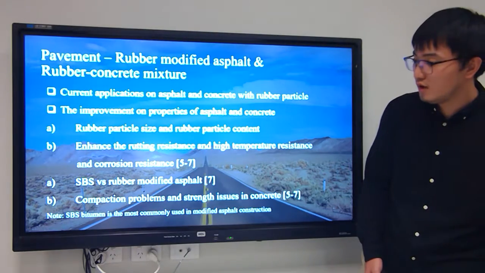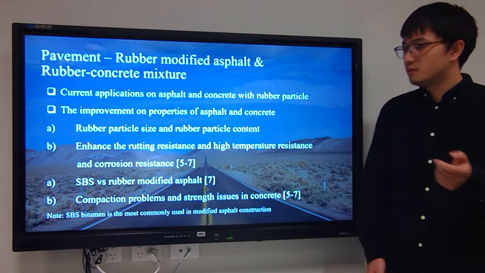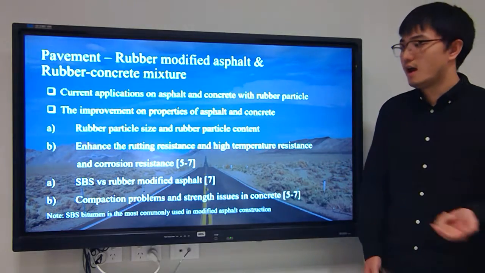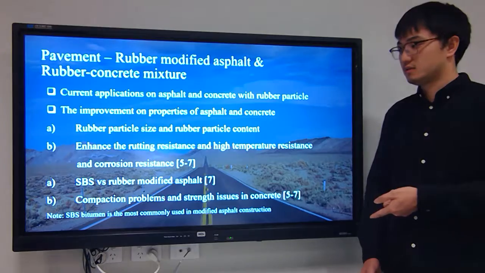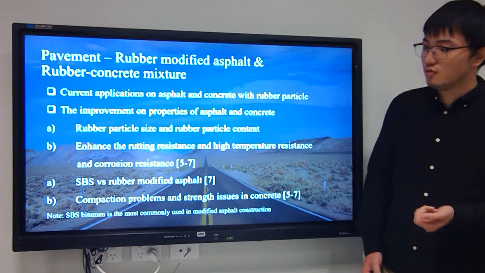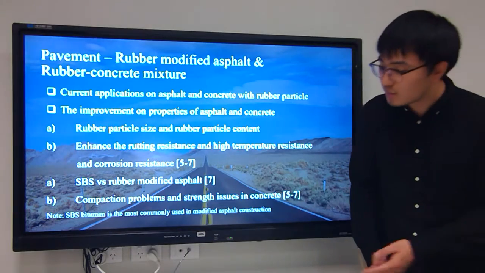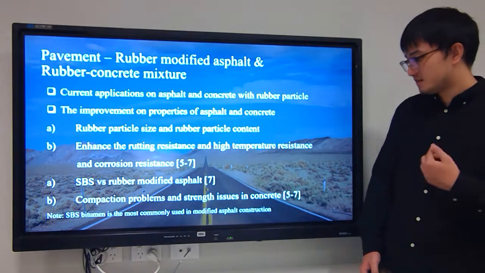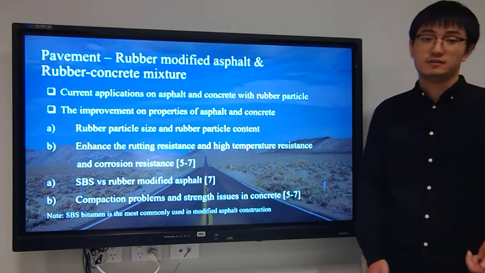We also find that if you use a proper value of rubber modified asphalt, it can obviously replace the SBS as the new concrete or asphalt aggregates. SBS bitumen is the most commonly used in modified asphalt construction, but it is costly.